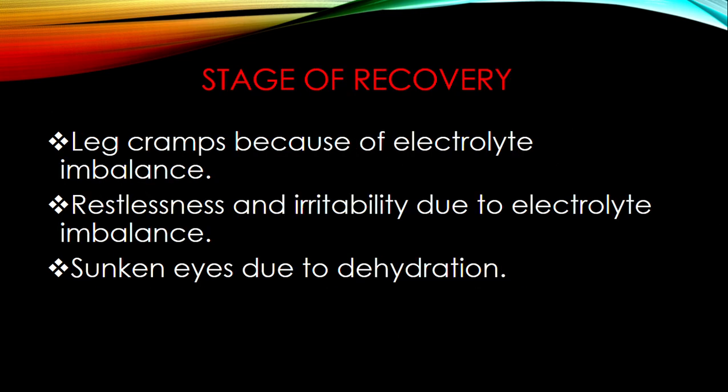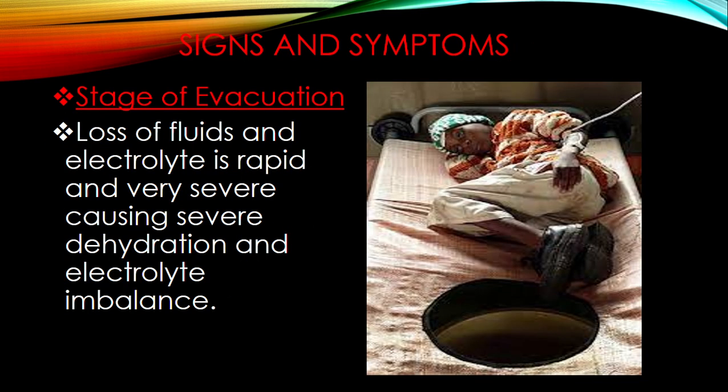So now let's just look at this picture so that we analyze the signs and symptoms. As you can see, this person has got sunken eyes, they are looking weak, and this is how the patient with cholera will likely look. And when it comes to management, this is a type of bed that this patient needs to be nursed on because of the profuse diarrhea, which is watery.